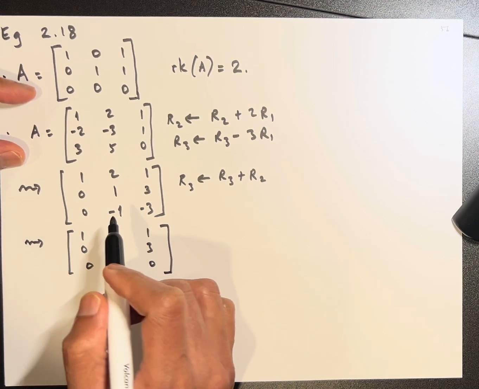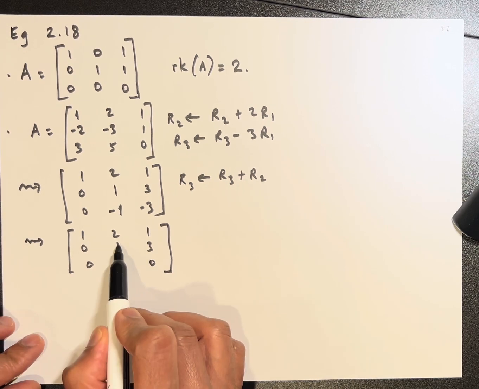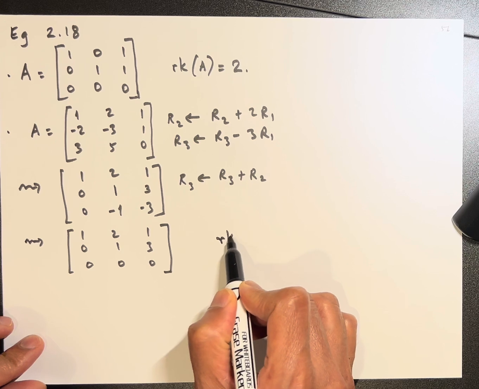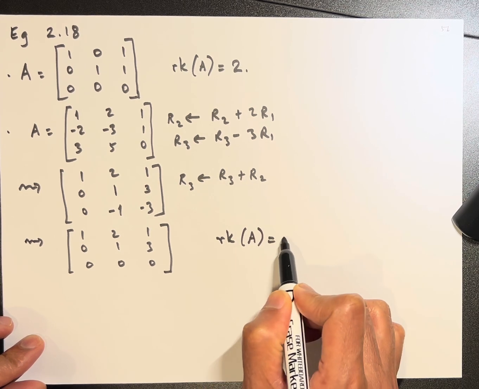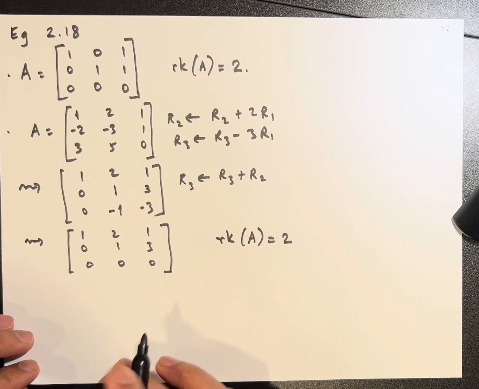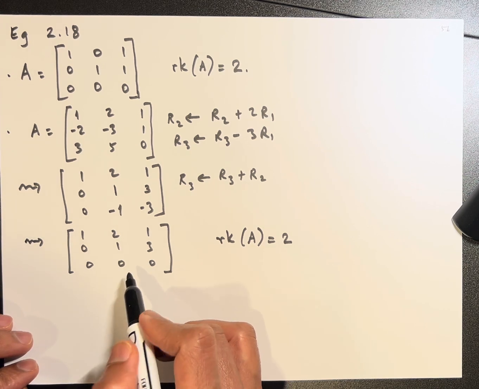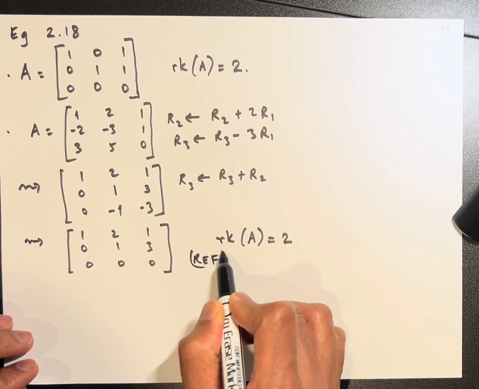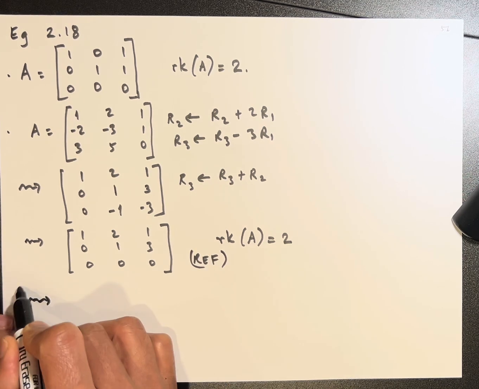So this and this are the pivots, right? So rank is 2, right? If you want to go one step further, so this is the REF. So let's just do RREF.